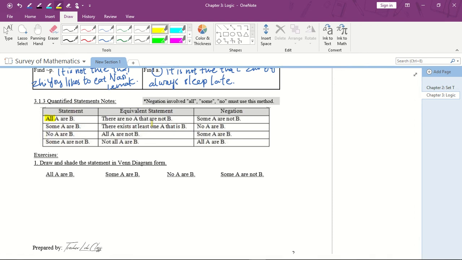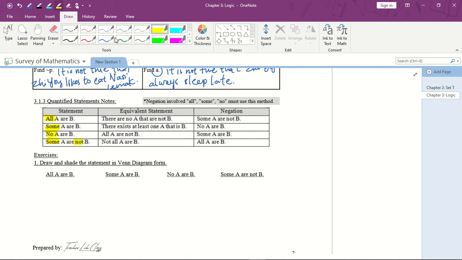The next statement says some A are B, here says no A are B, and here says some A are not B. So you can see that these statements involve a quantity.